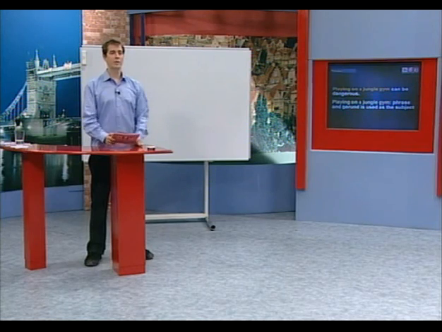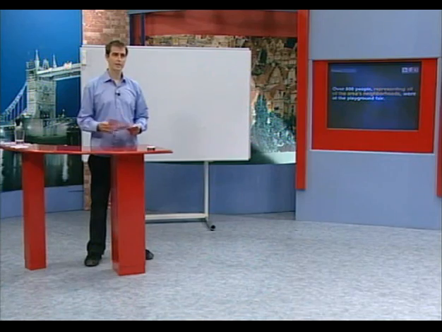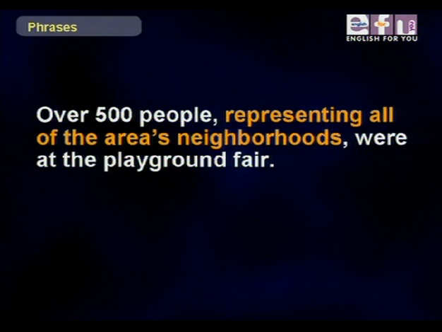A phrase may also come in the middle of a sentence. These are called participle phrases because the present participle is used. Have a look at this example. Over 500 people, representing all of the area's neighbourhoods, were at the playground fair. In the sentence, representing all of the area's neighbourhoods is the phrase.